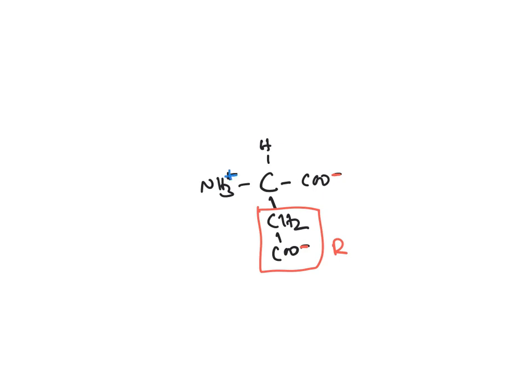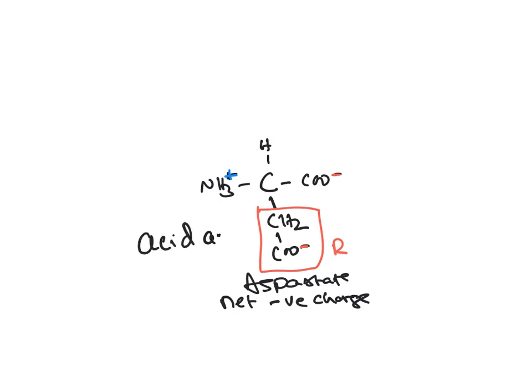That means aspartate has 2 negative charges and 1 positive charge, so it has a net negative charge under physiological pH. That's why aspartate is referred to as an acidic amino acid. Aspartate is an acidic amino acid, or a negatively charged amino acid.